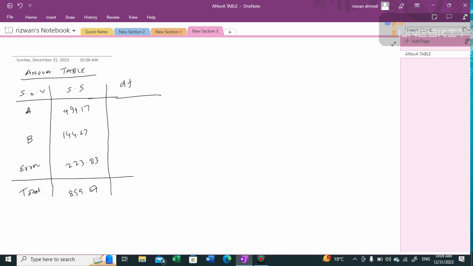Now we take degrees of freedom into consideration. Degrees of freedom are r minus 1 or 4 minus 1 or 3 for factor A, c minus 1 or 3 minus 1 equals 2 for factor B, n minus r minus c plus 1, that's 12 minus 4 minus 3 plus 1, that's 6 for error. And for total, this is n minus 1, which is 12 minus 1, 11.